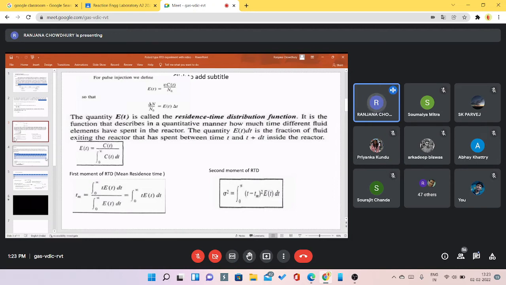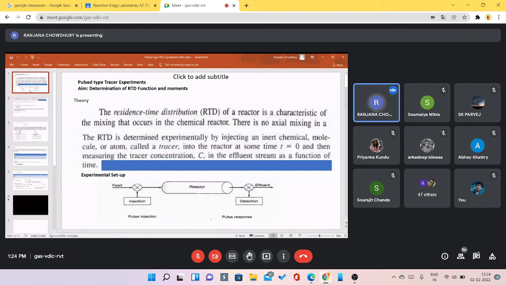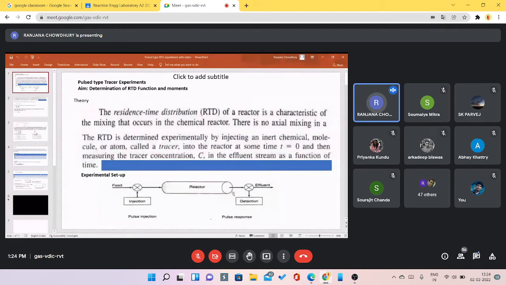So you will see here what we have done. These are the results for the flow rate of 5 LPH. We have maintained the flow rate of 5 LPH here, and we have injected 5 ml of 10 normal sulfuric acid at the inlet position, and we have withdrawn 10 ml of sample from these points.